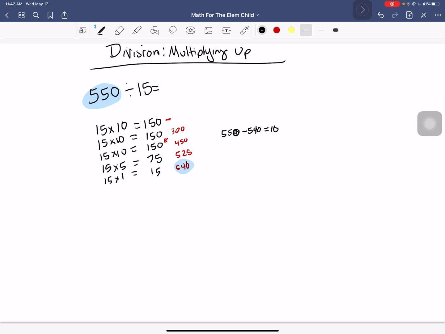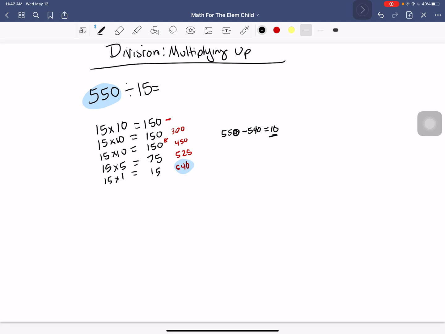And this is how much we have left over. We want to multiply up to get to 550, but we weren't quite there. Because I know if I was to add 15 one more time, I would have 555. And that's 5 too many.